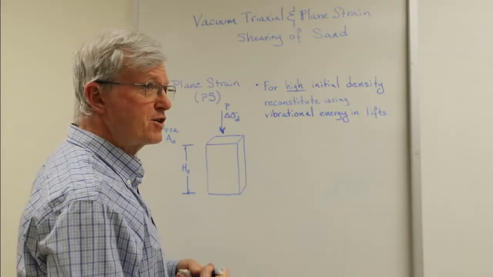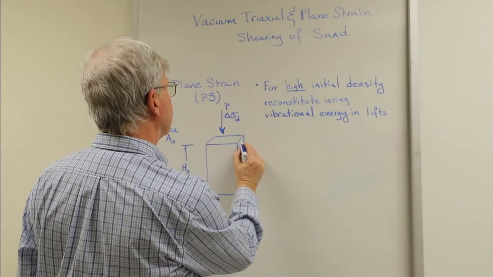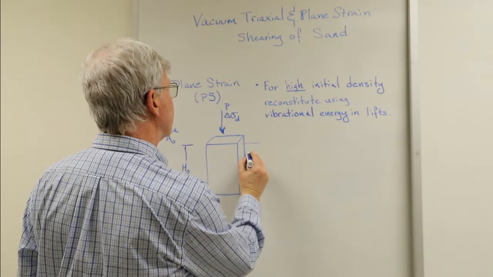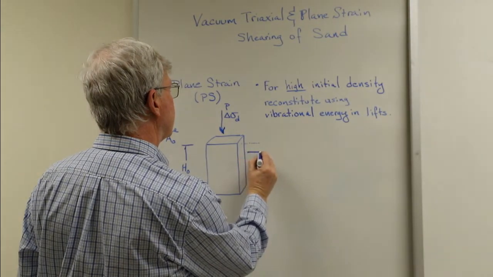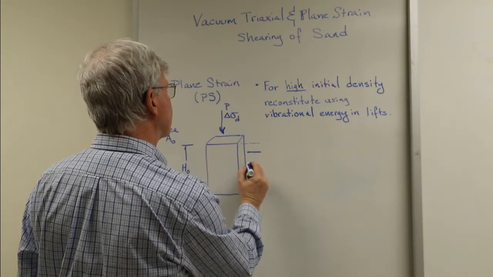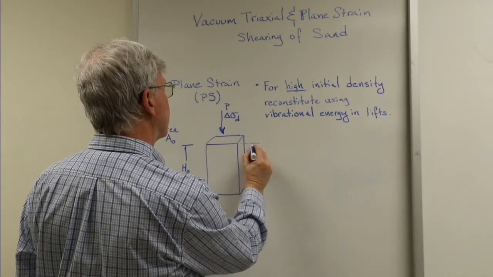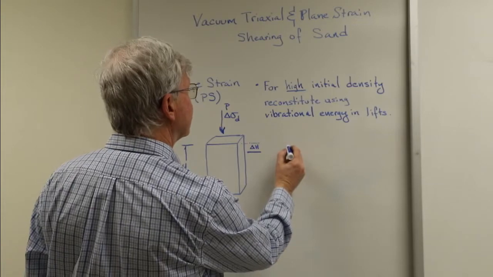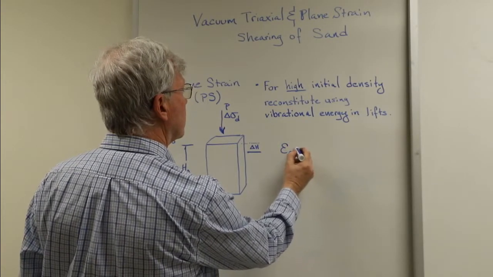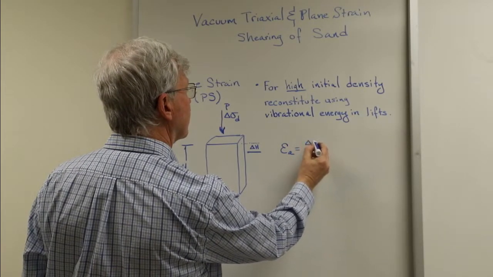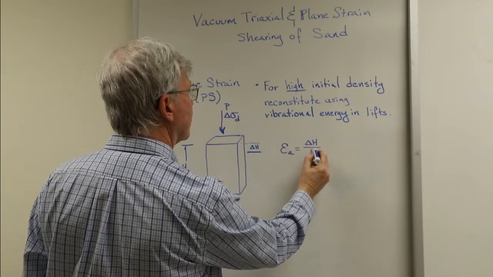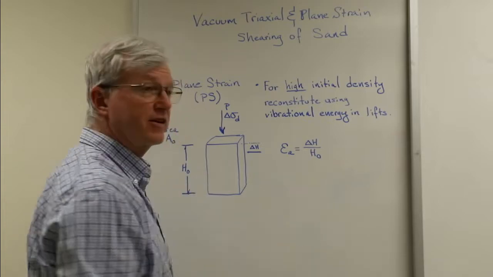And the one measurement we're going to have is the fact that if this was the initial height of the specimen, at some future point, I'm exaggerating, we're going to have a short specimen. So there's going to be some delta H here. And our axial strain, of course, is going to be delta H over H naught. We're always going back to H naught, engineering strain, right?